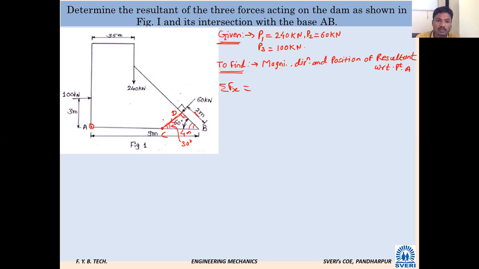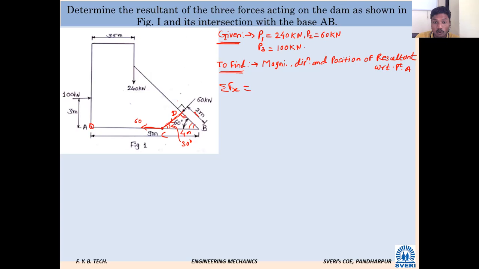So now resolve this force at point C. One component will go horizontal. Will it go towards left or towards right? Left. Very good, it will be towards left. What will be that component? 60 sin or cos?